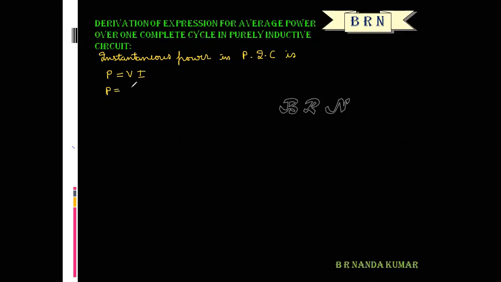So the instantaneous voltage is V is V naught sine omega t. Instantaneous current is I naught sine of omega t minus pi by 2. So P is equal to V naught I naught sine omega t, sine of omega t minus pi by 2, that is minus cos omega t.